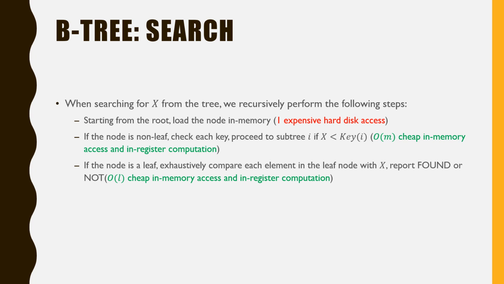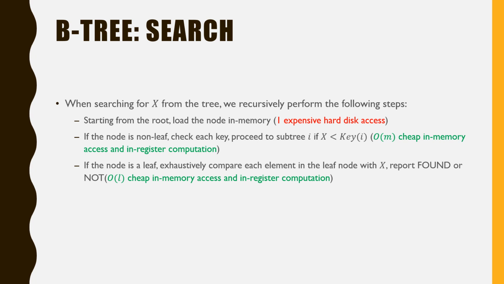This step involves comparing X with all keys in the node, leading to a time complexity of O(m). On the other hand, if the current node is a leaf, we search for X among the data elements stored in the node. If X is found, we report success. Otherwise, we report X is not present in the tree.